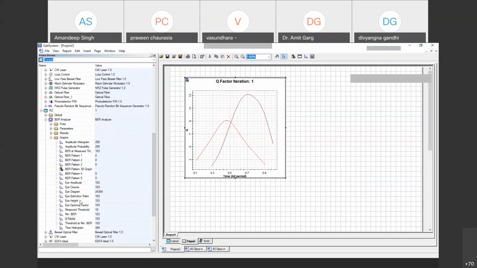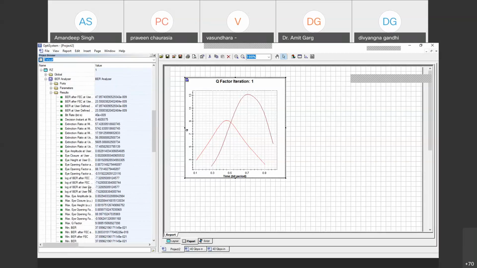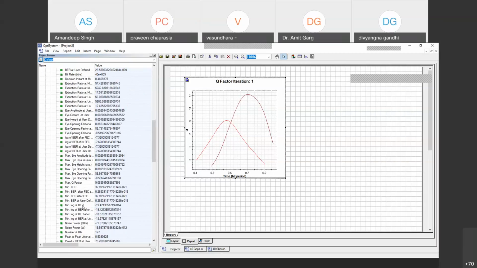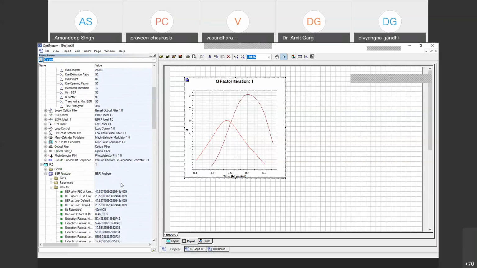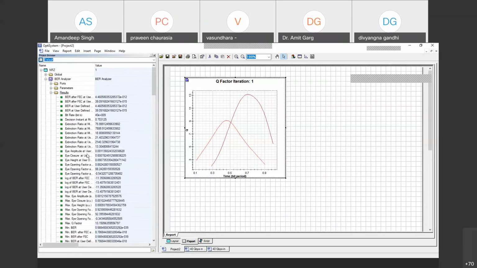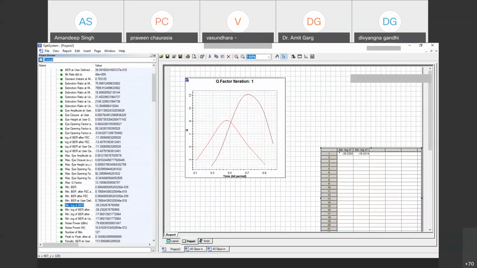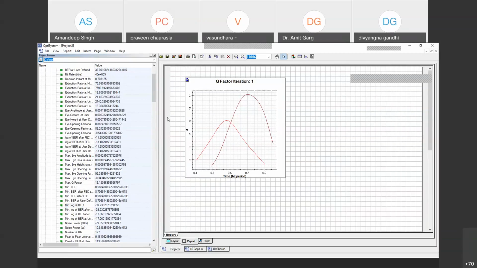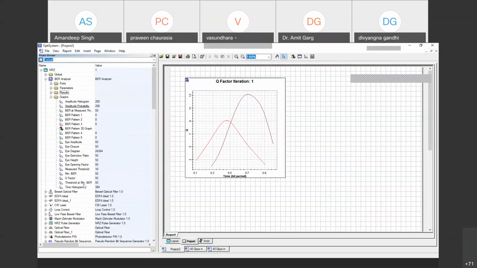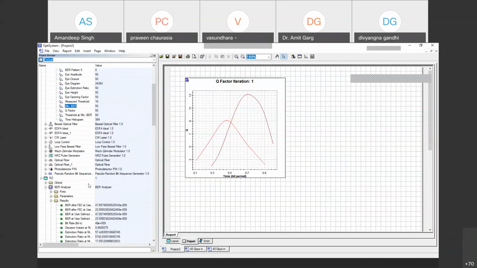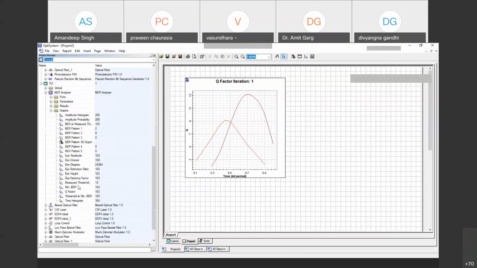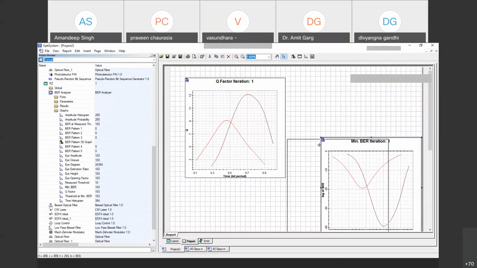Apart from that, if I talk about minimum log of BER, and this minimum BER.